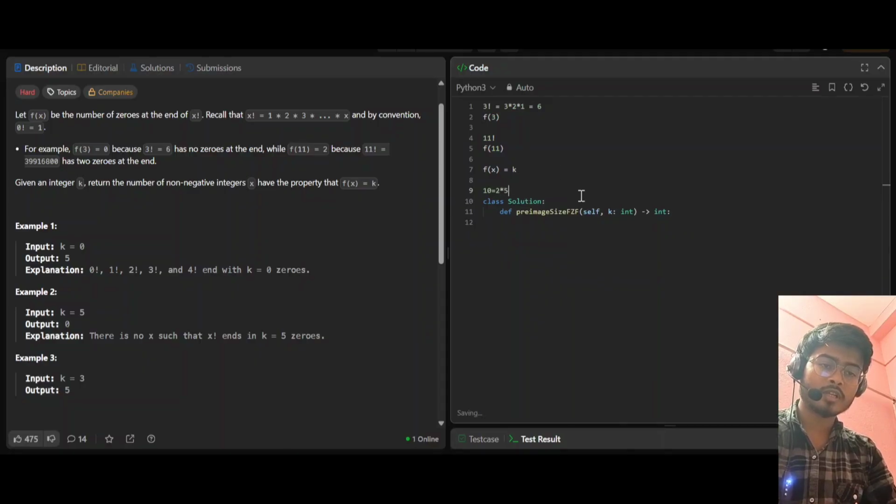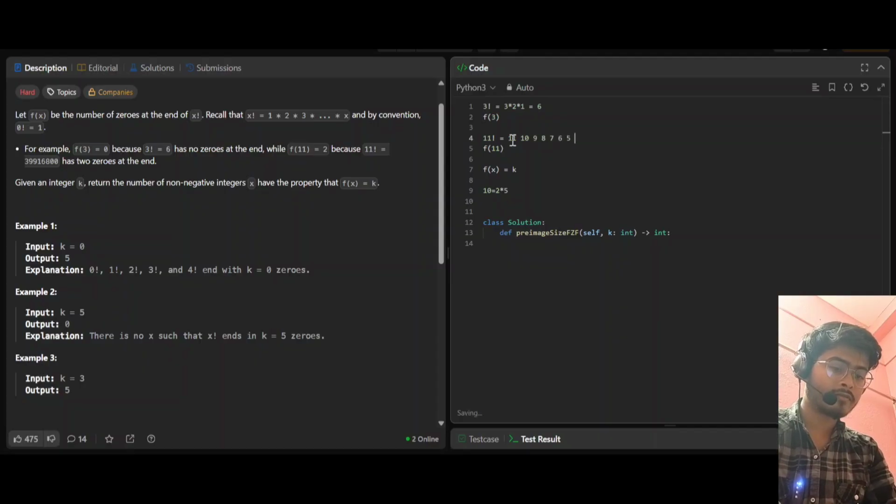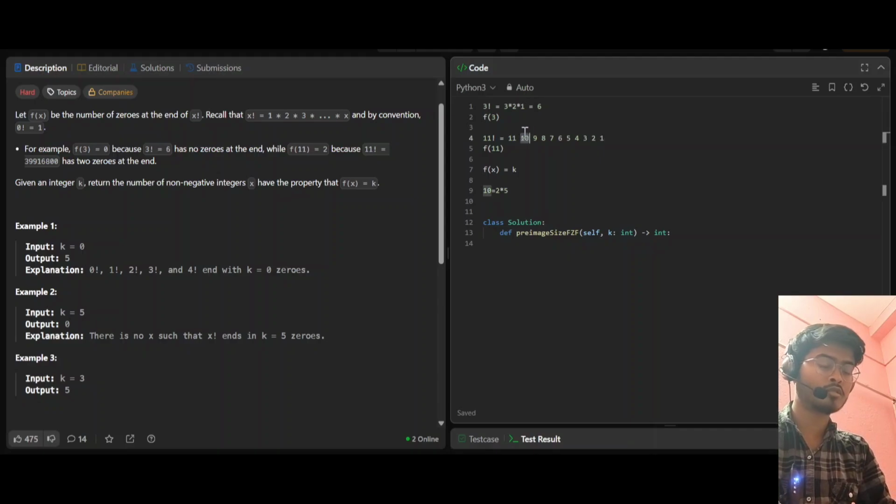Inside a factorial, there are usually many more factors of 2 than factors of 5. Like in 11 factorial, there is 11, 10, 9, 8, 7, 6, 5, 4, 3, 2, 1. We can see that 10 can be broken into 2 into 5, so there is one 5 there and one 5 in the number 5 itself. So there are two 5s here.